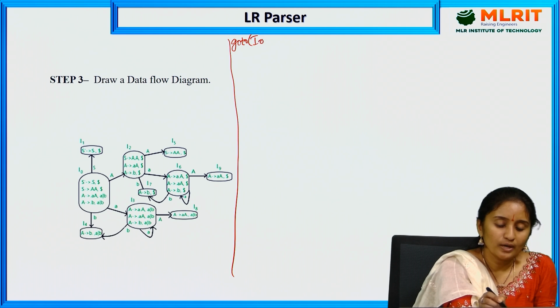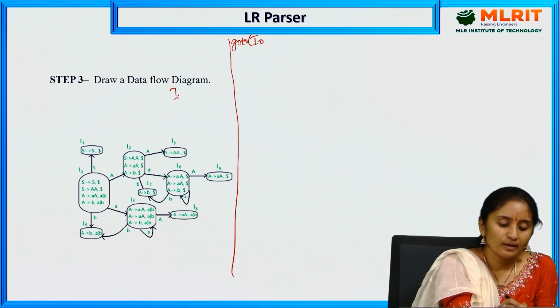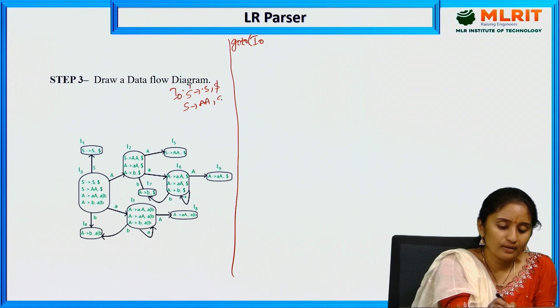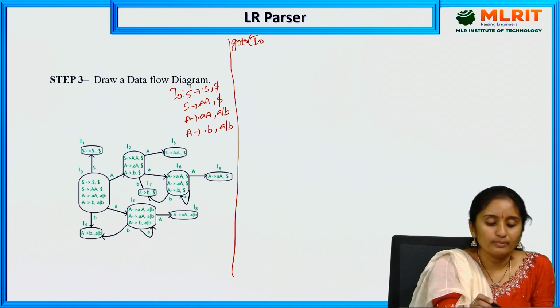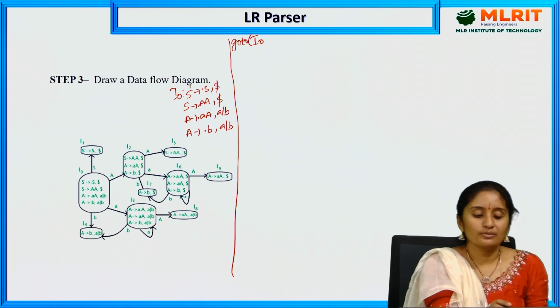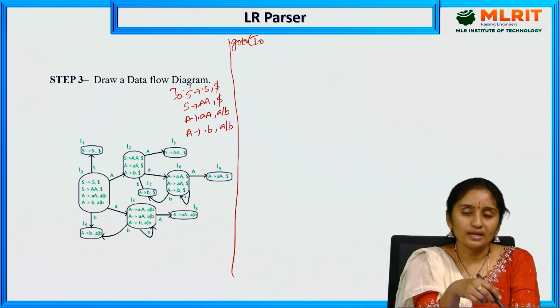I0 state: S' → .S, $. S → .A, $. A → .A, a/b. A → .B, a/b. So this is our original grammar, in the I0 state.